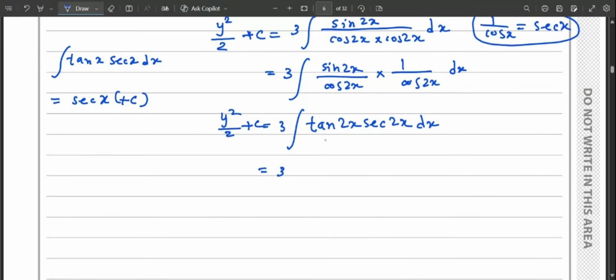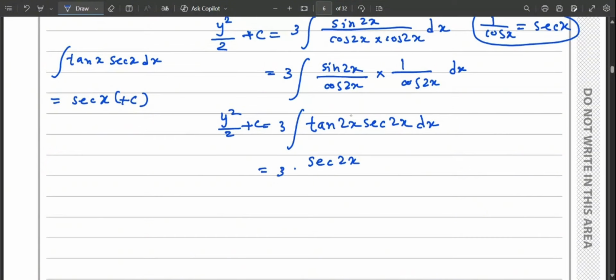Here we are given to integrate tan 2x and sec 2x. What this means is that we have to apply the chain rule here. So in order to integrate this, we will assume that our 2x is x and then we'll integrate it. This will give us sec 2x.